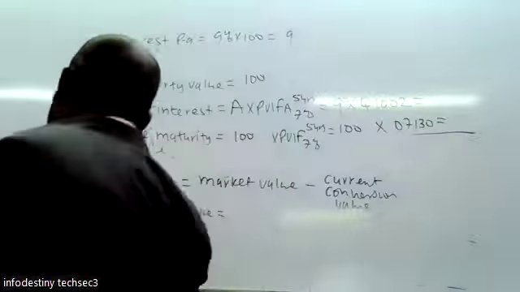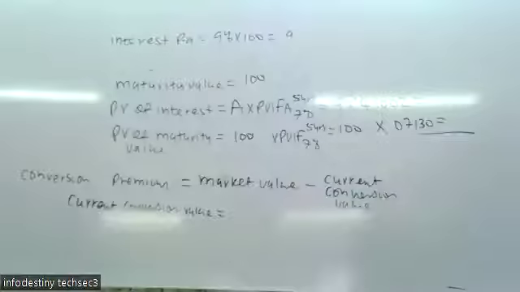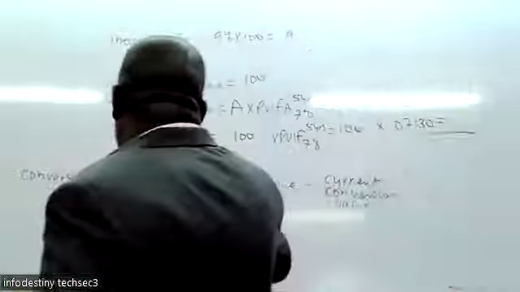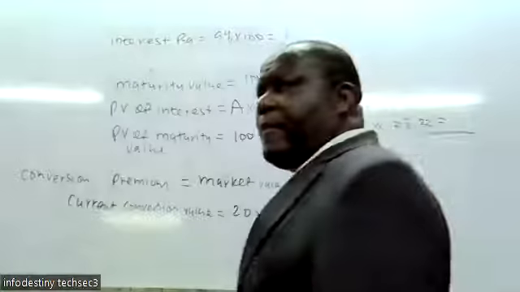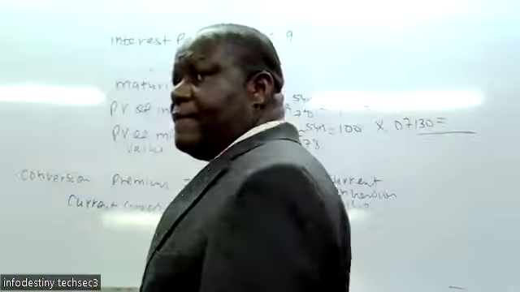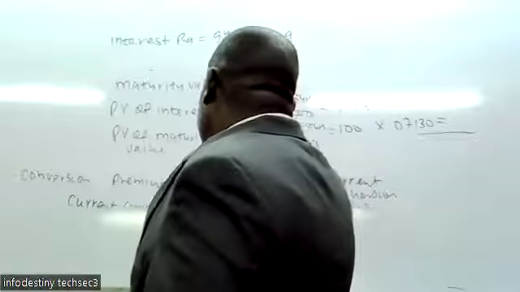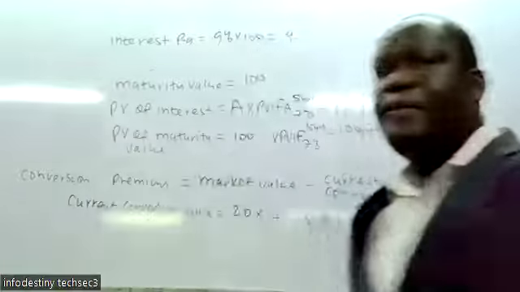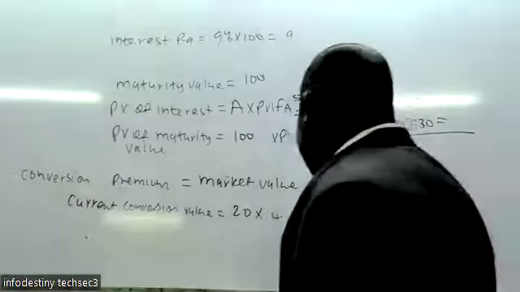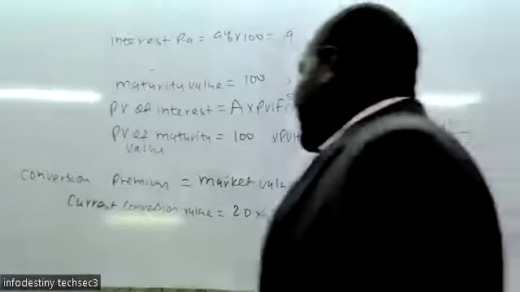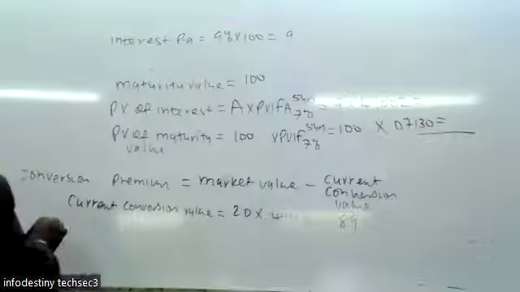For the current conversion value, we know that it was converted into 20 ordinary shares, and currently each share is selling at 4.4. So multiplied by 4.4, exactly 89.